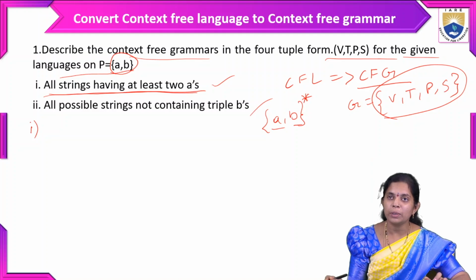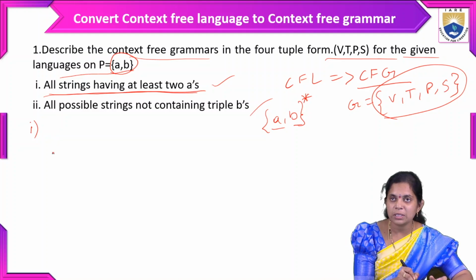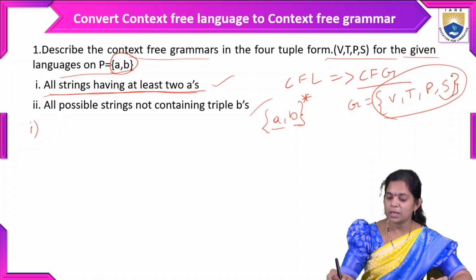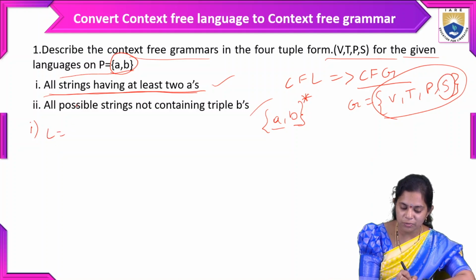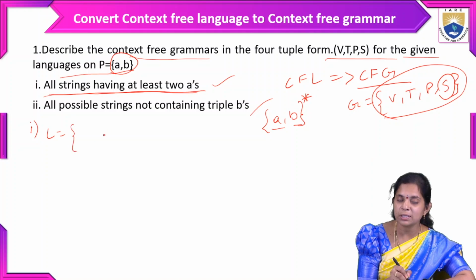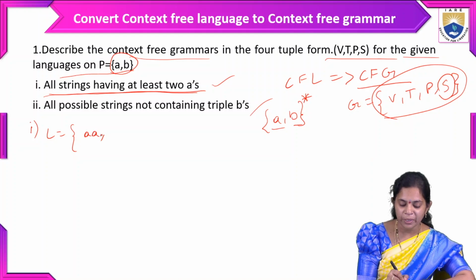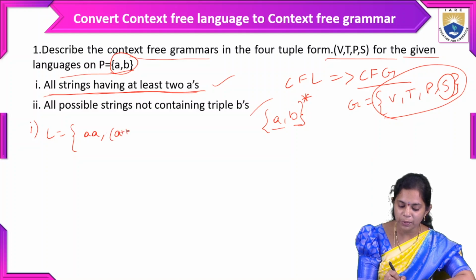So how do we represent this in a grammar representation? First, let me write the language for these strings. At least 2 A's means we can write 2 A's, and in between these 2 A's we can write (A plus B) whole star.